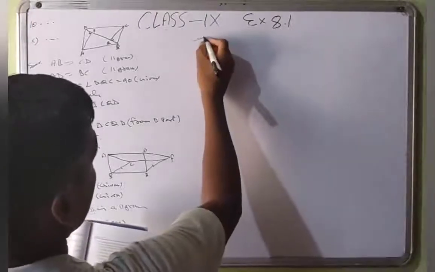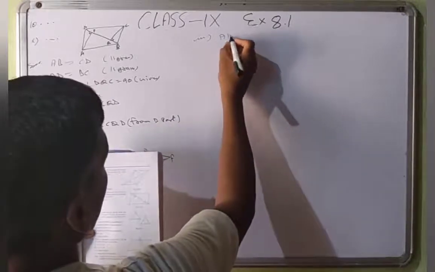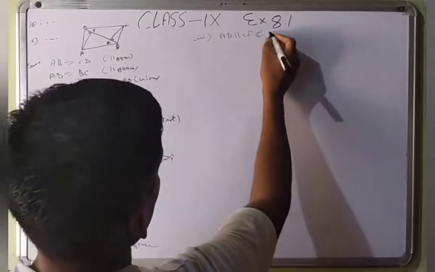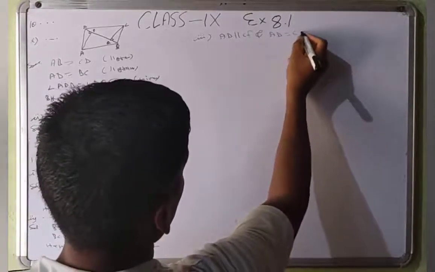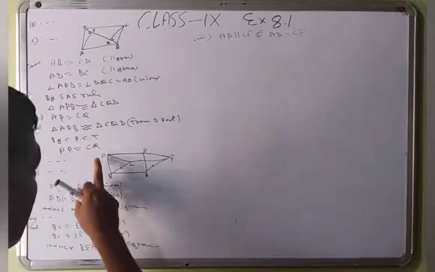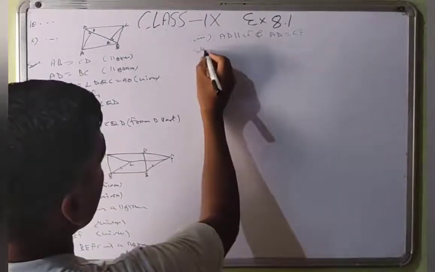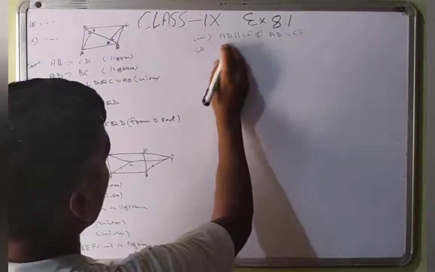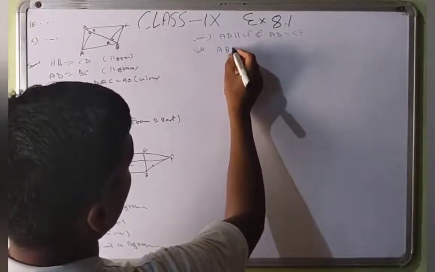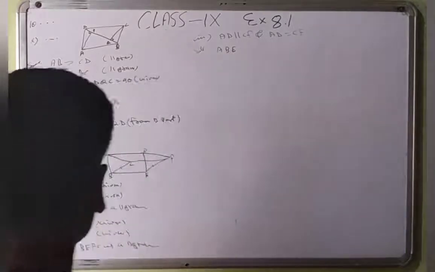Part number third: AD is parallel to CF and AD is equal to CF. Now we will prove that, very easy. Just wait.